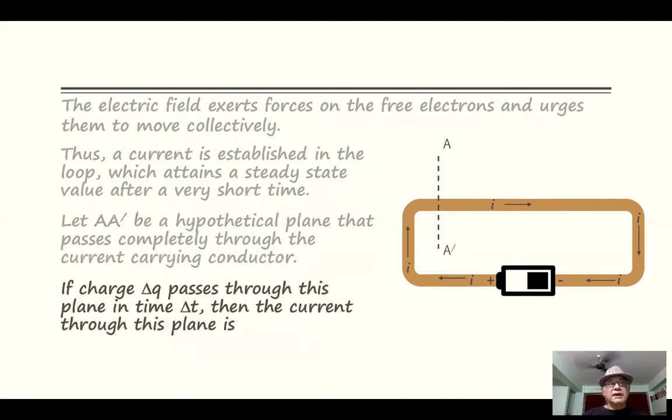If charge delta Q passes through this plane in time delta T, then the current through the plane is I equal to limit delta T tending to 0, delta Q by delta T equal to dQ by dt.